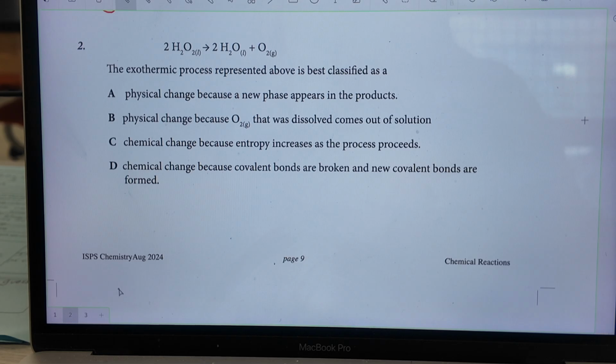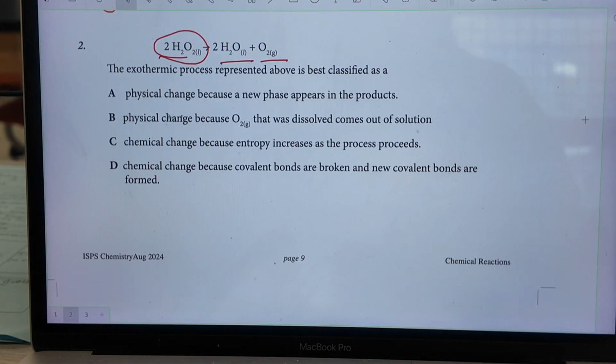So here we have a reaction of water, and water turns, no, not water, hydrogen peroxide, H2O2, turns into water and oxygen. And so is this a physical change? No, this is a chemical change. So this is definitely not a physical change. That's like the color of something, but this is chemically turning into an entirely different thing. And so this is a chemical change because you're turning one thing into a completely other thing.